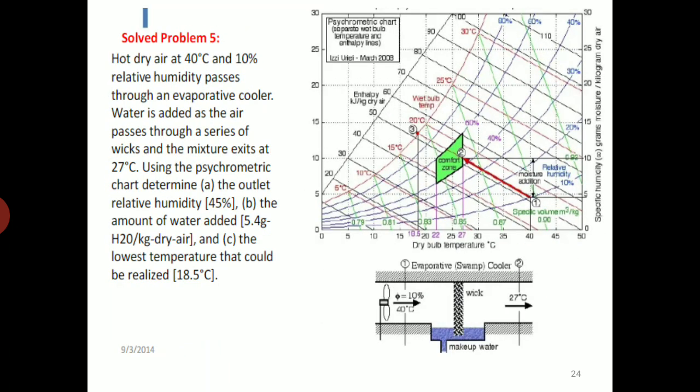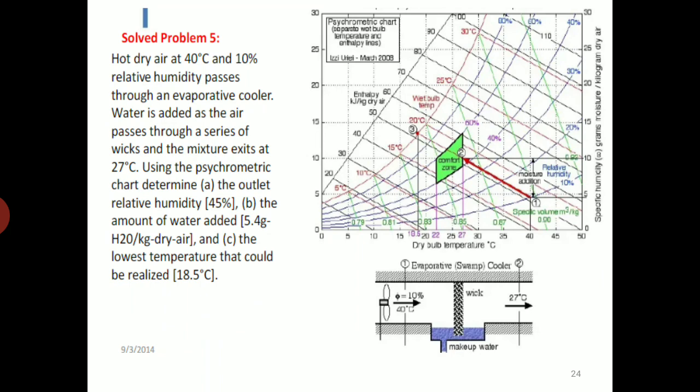Then the next problem talks about hot air at 40 degrees Celsius and 10% relative humidity passing through an evaporative cooler. When it passes through the evaporative cooler, water is added as the air passes through a series of wicks. Wicks means it is cotton, or a filter, or a mesh wick, and the mixture exits at 27 degrees Celsius.